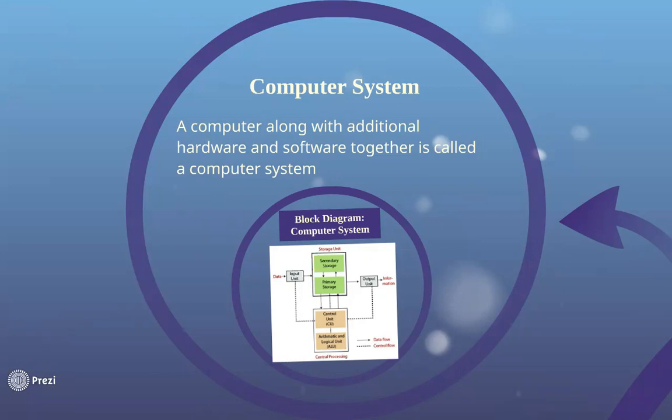Now what is UPS? The full form is uninterruptible power supply. It gives you backup when electricity goes off. So that is called a computer system, which comprises hardware and software. Software runs on hardware, through which you are able to perform certain tasks.